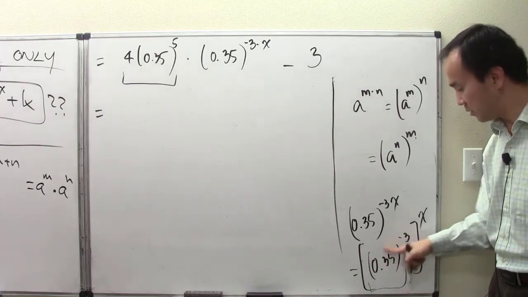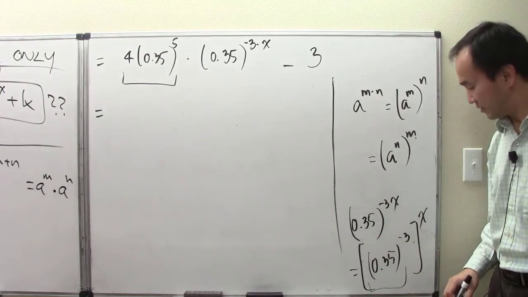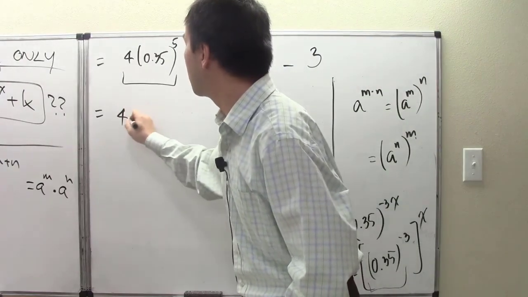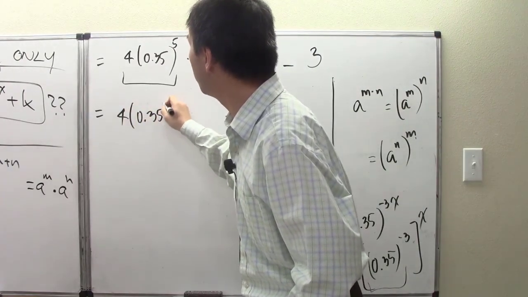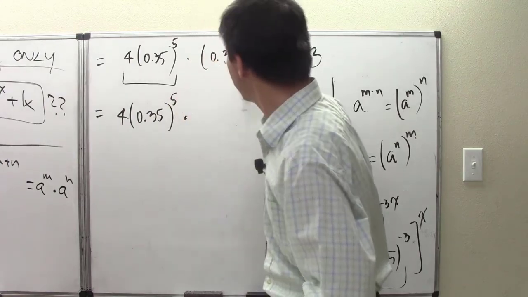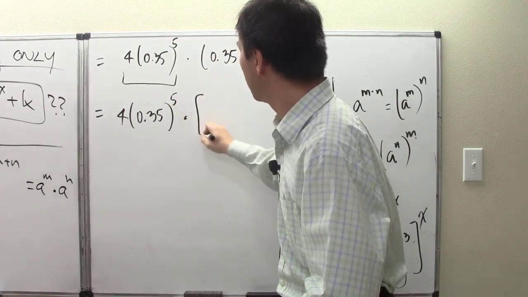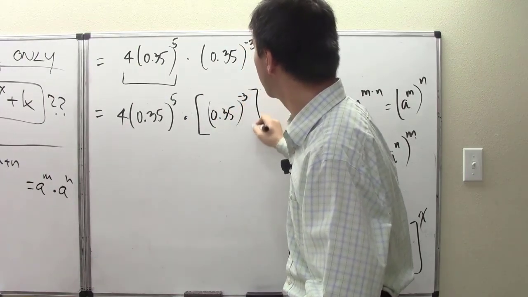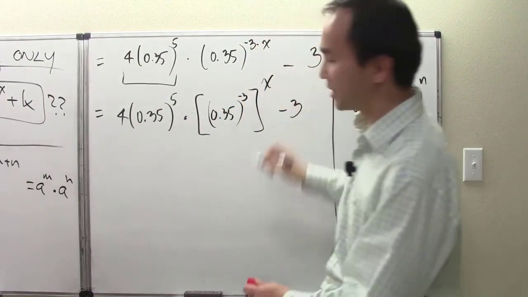Okay, and so now here's how I'm seeing it. 4 times 0.35 to the 5th, times all of that, is now written as 0.35 raised to the negative 3 power, to the x, minus 3.